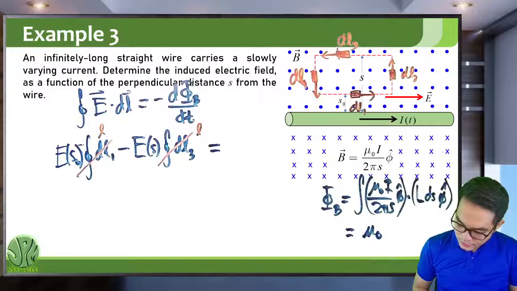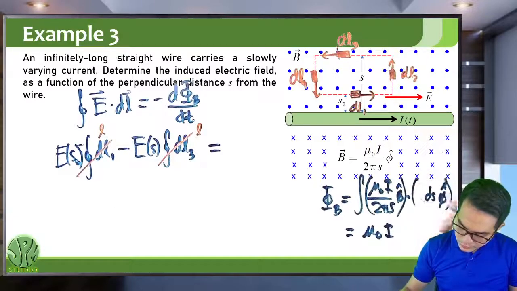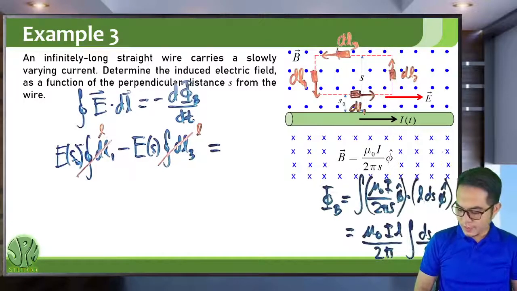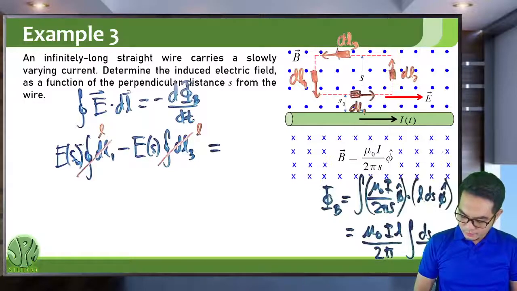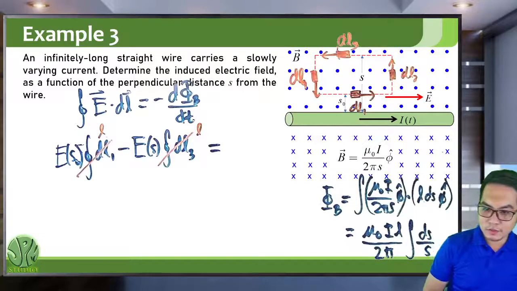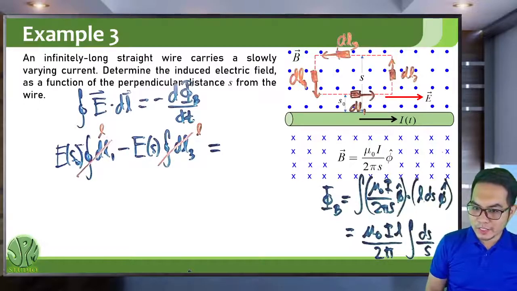So you will get basically mu naught I, I'll just use small l, L over 2 pi, integral of ds over s. This is basically ln of s.